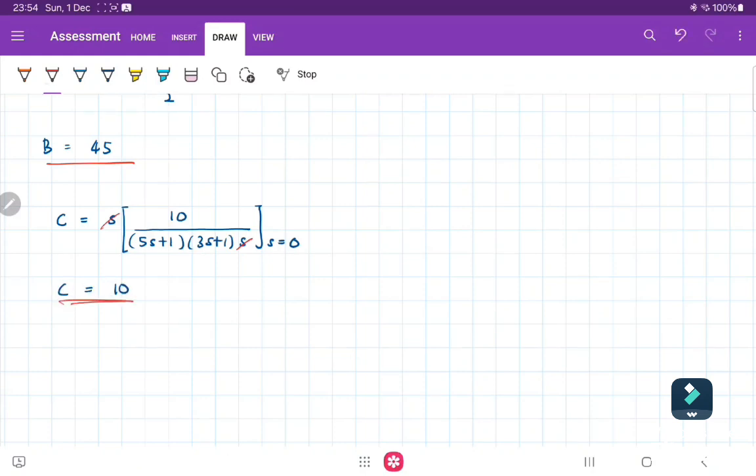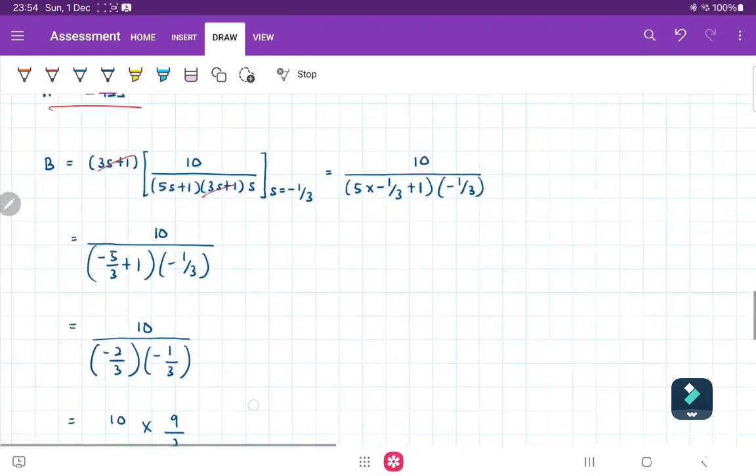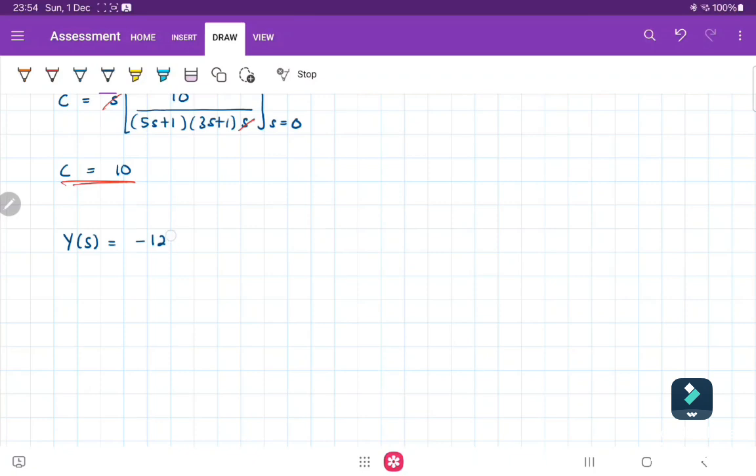Okay, so next we are going to put every numerator that we have calculated into the equation. So now we have y of s equals to, just now we have minus 125 over 5s plus 1 plus 45, this is our b, right? 3s plus 1, and then plus 10 over s.